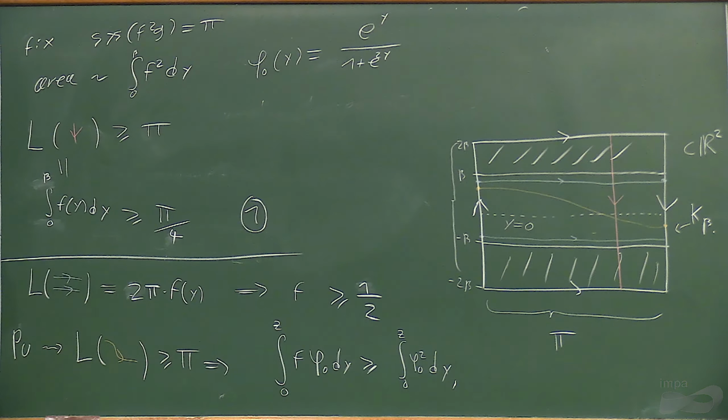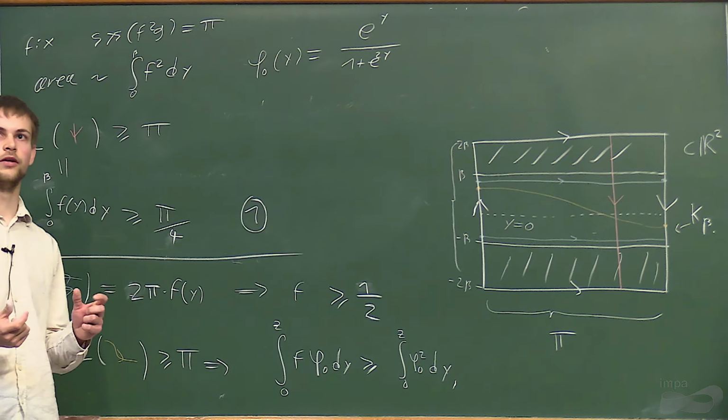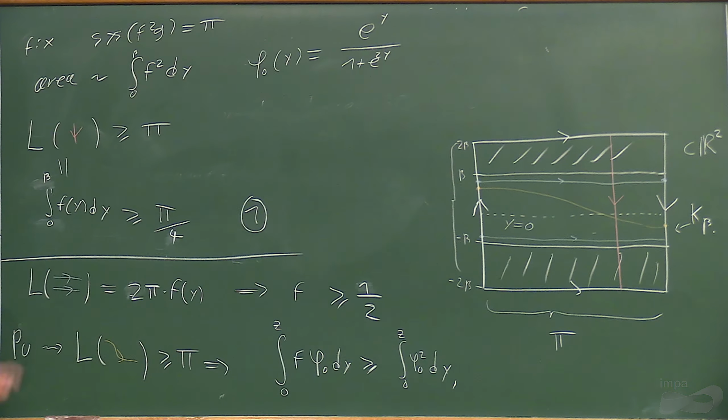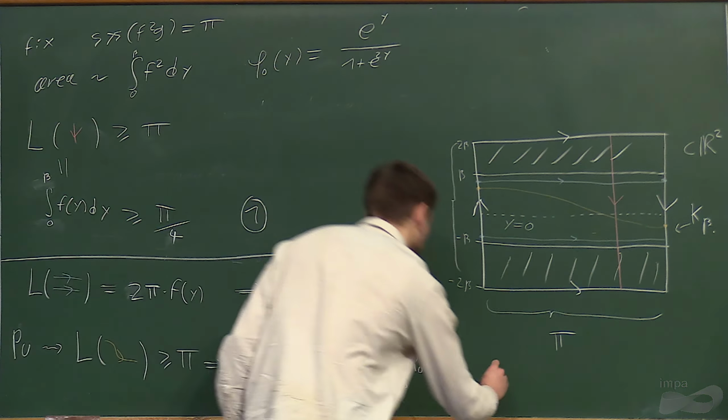And this is basically the conformal factor which you get when you take a Möbius strip embedded in the sphere and pull it back to such a rectangle. So this is the third constraint.